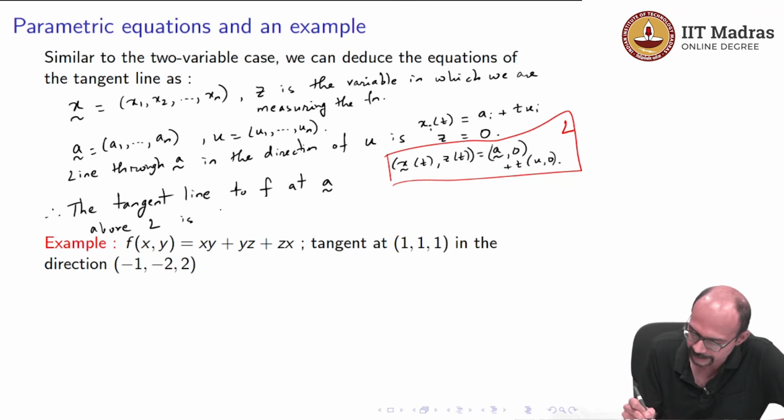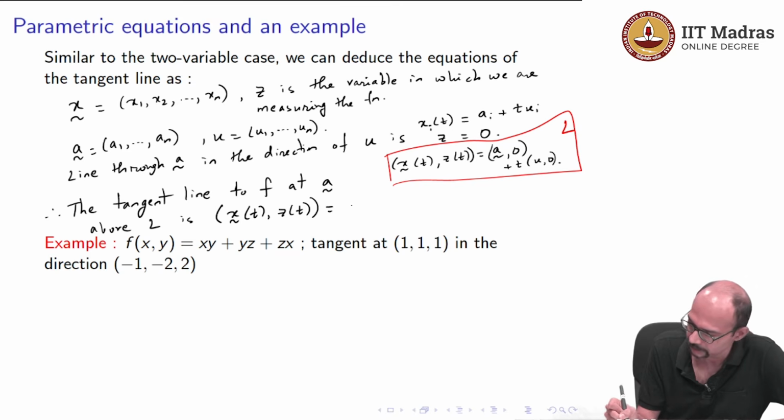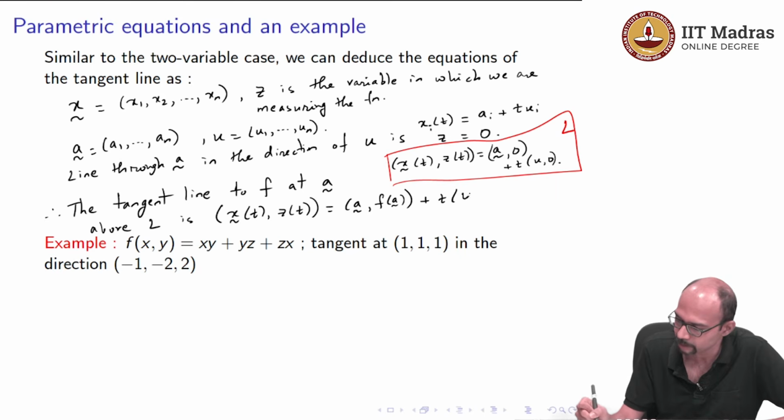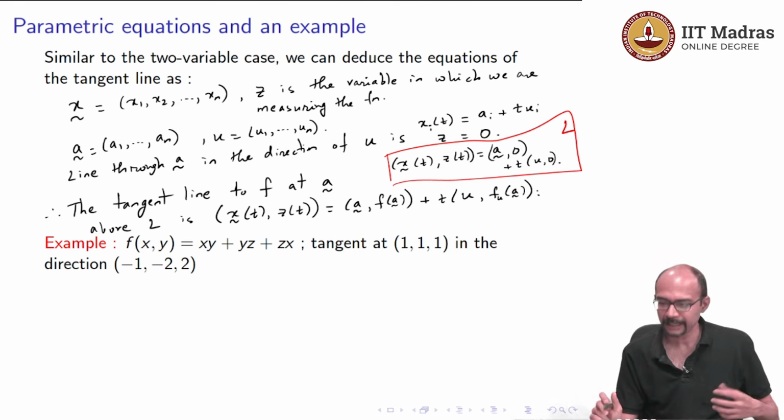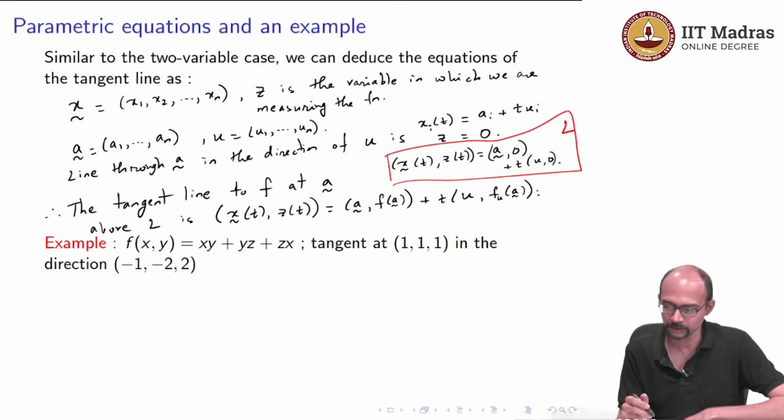So, that means what we will get is x tilde of t comma z of t is equal to a tilde comma f of a tilde plus t times u comma f_u of a tilde. And now you can write down the parametric form. So, this is the vector form.